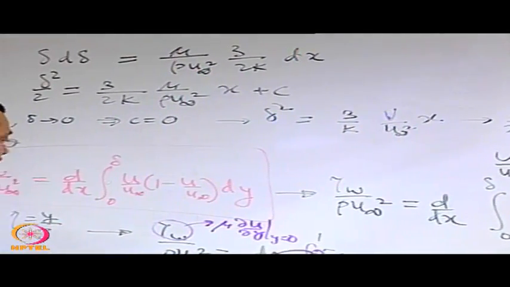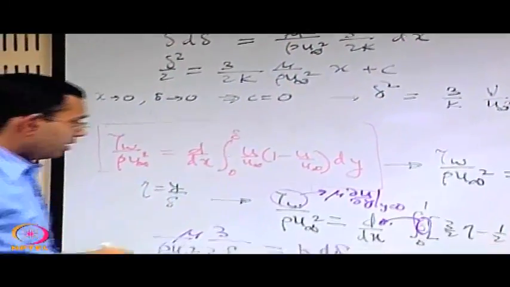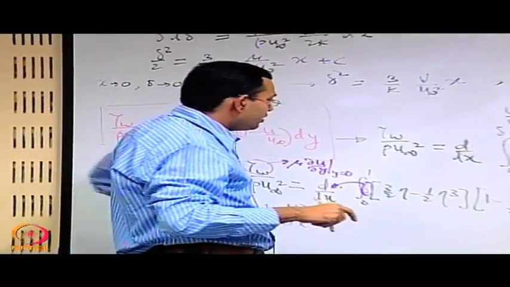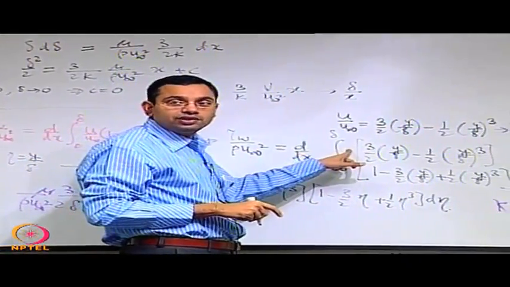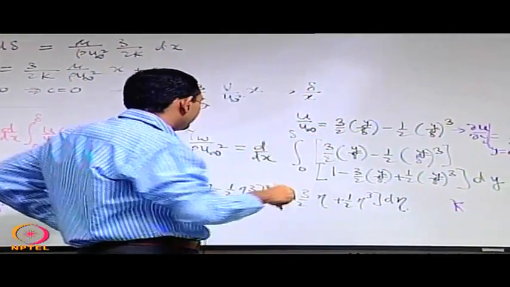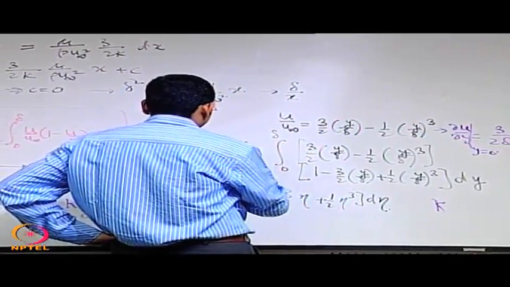If you divide it by x square, one important thing is that we have missed one u infinity here, because it is u into u infinity in this term. Somewhere u infinity has to be there.